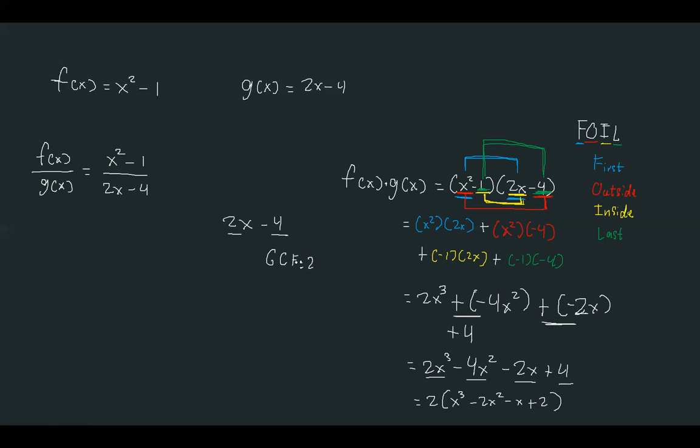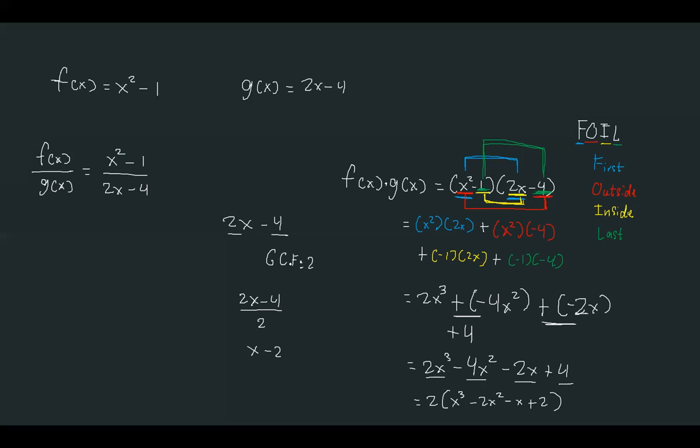So what are we going to do next? If you want to follow my method for beginners, simply divide the whole expression by 2. What happens if we divide the whole expression by 2? I will have x minus 2.